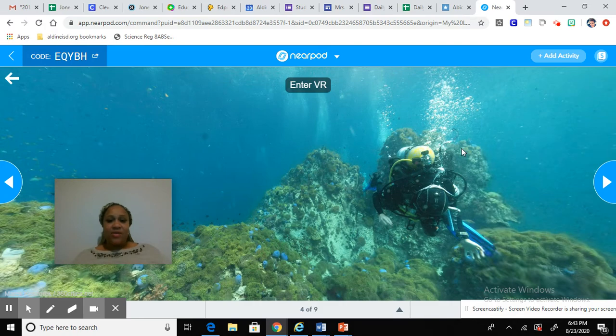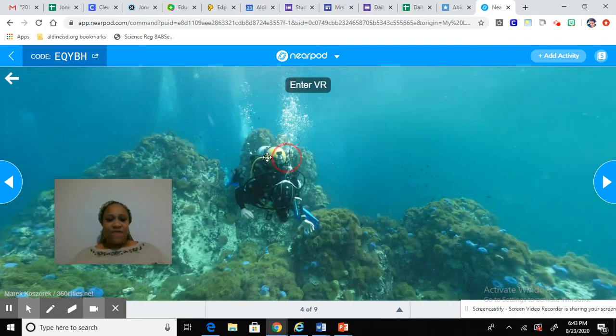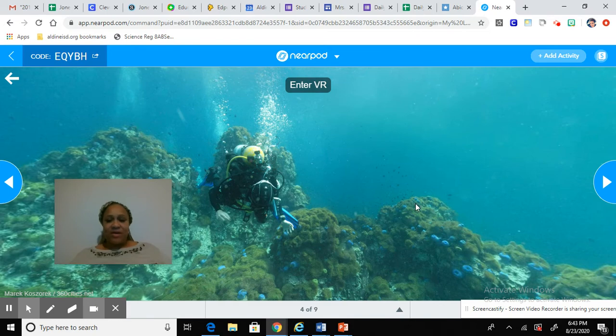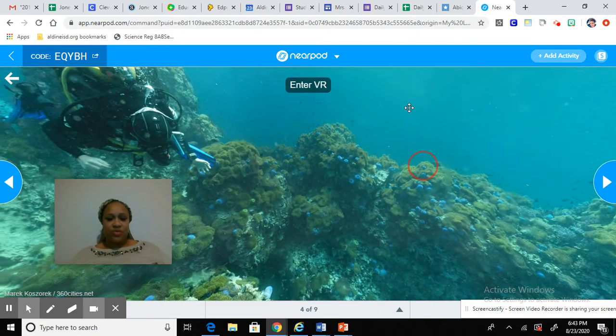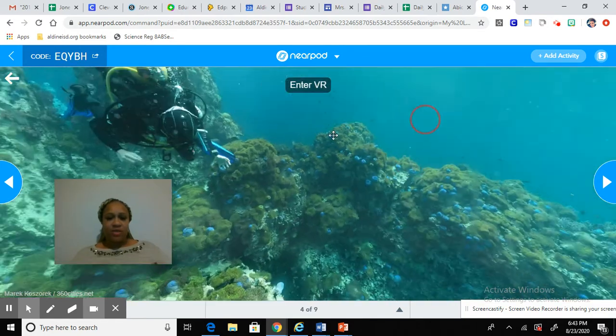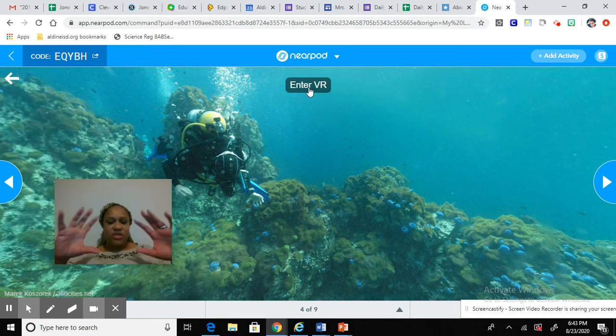All right. And so here you have your field trip. Okay. Now move your cursor around and that way you can get to it all kinds of ways. All right. This right here is the VR button. You click into this. It's still going to be on the same screen. You'll just have more like a goggle view or what have you.